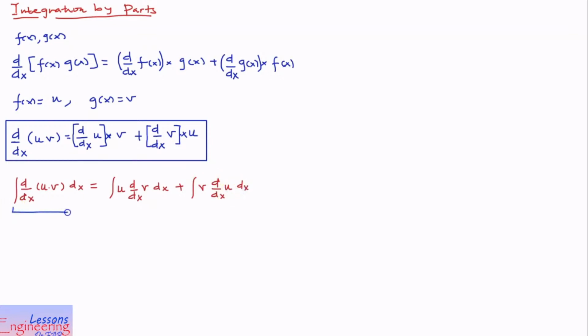So what we are looking at is the integral of a derivative of a function, which is the function itself. So on this side we have u times v, which is equal to the integral of u d by dx v dx plus the integral of v times d by dx of u dx.